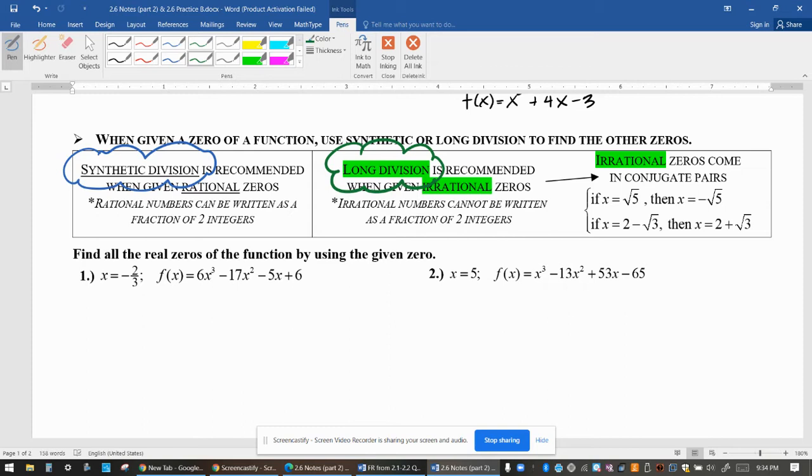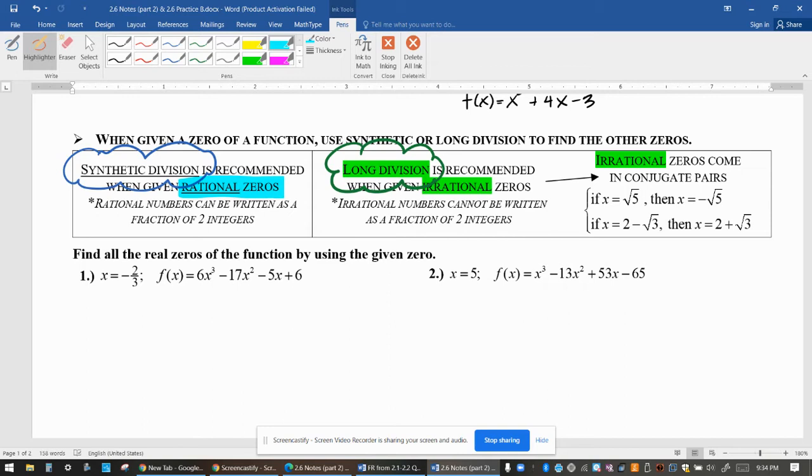How come? Because irrational zeros come from nonlinear divisors. So rational zeros come from linear divisors, whereas irrational zeros come from nonlinear divisors.